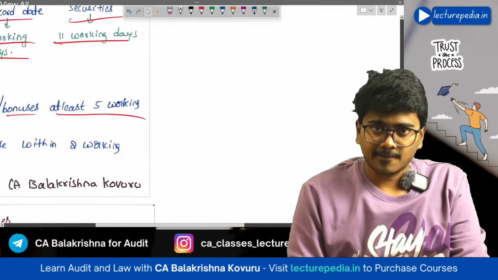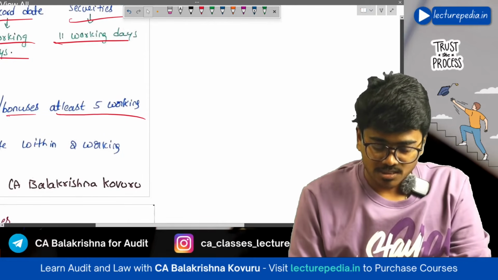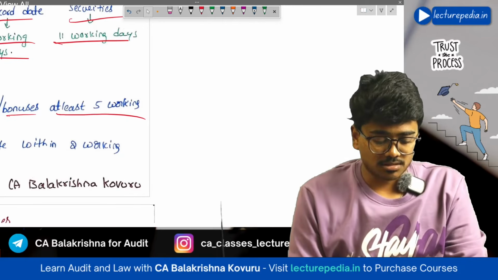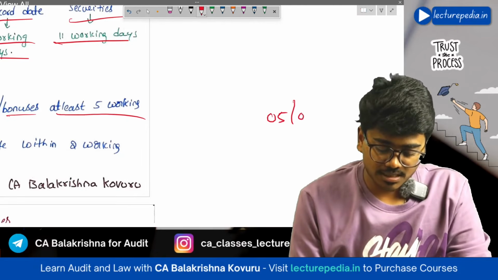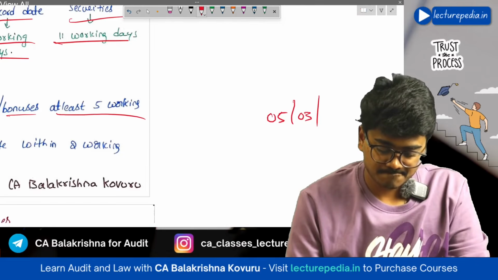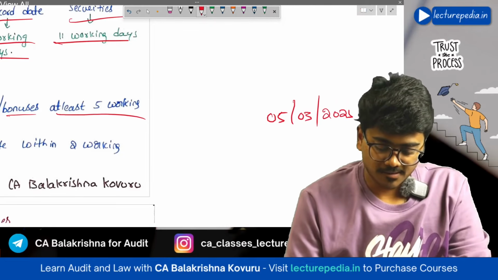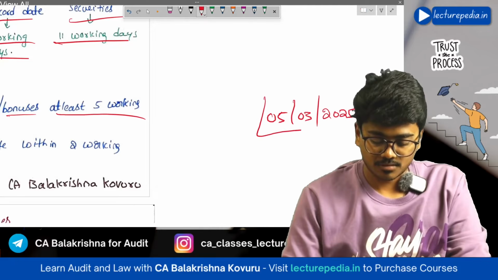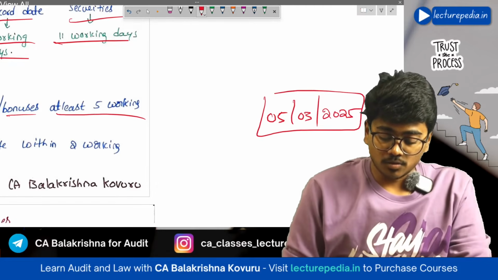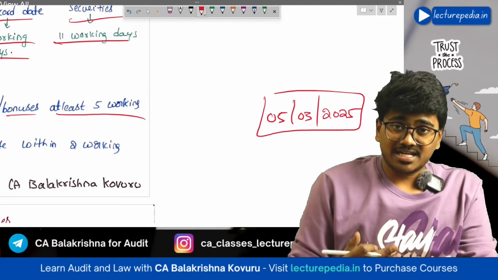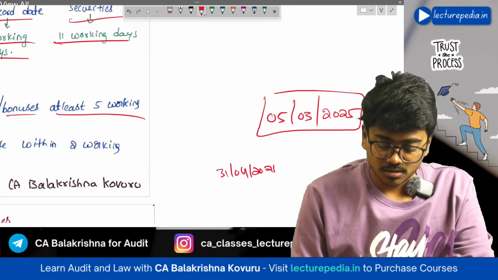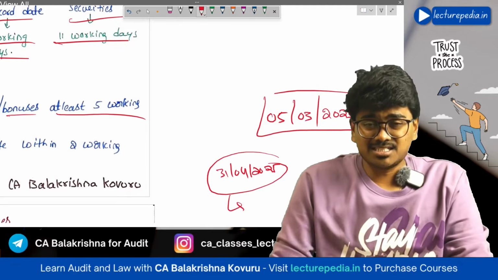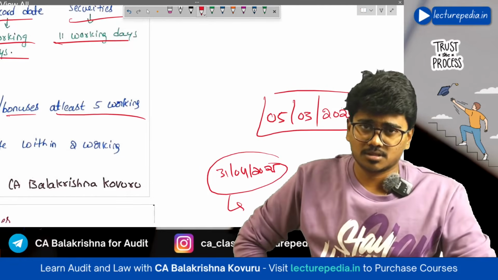Now, let's say you have set the record date as 5th March 2025 for dividend. Then at least 5 days before, that means by 31st April 2025, you have to announce how much dividend you are going to declare. Hope that is clear.